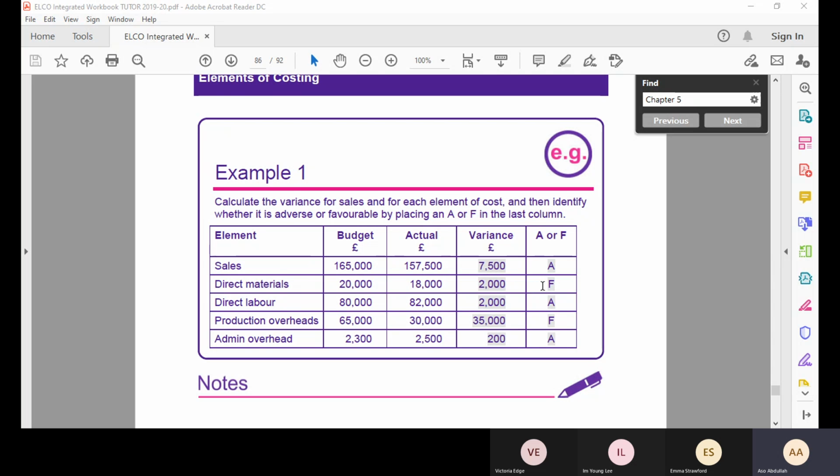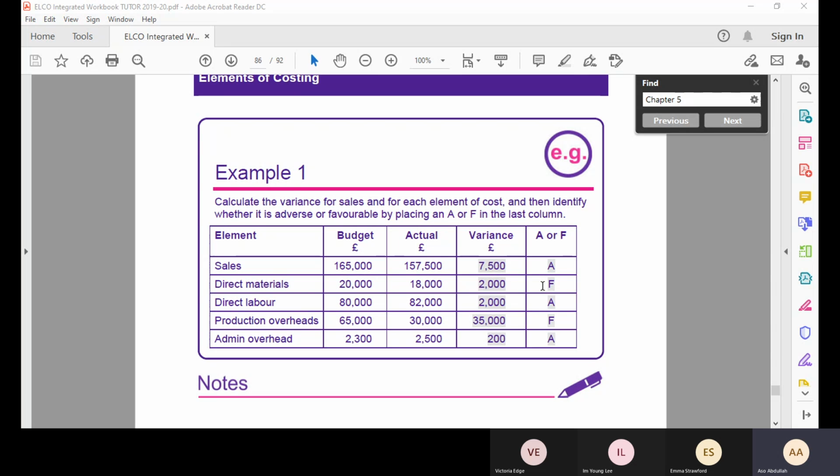So with variances, do not be confused about which one is minus which one. Always the greater minus the smaller one. The greater one is 165 and the lesser one is 157. So it means budget minus actual. The variance between the budget and actual is 7,500.